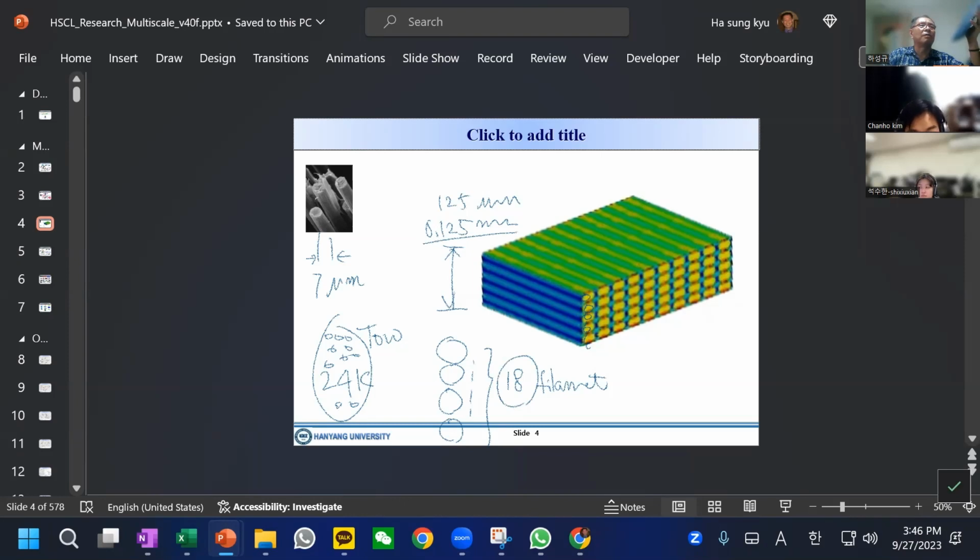Now let's try to find how much width we can have from one toe with this thickness.